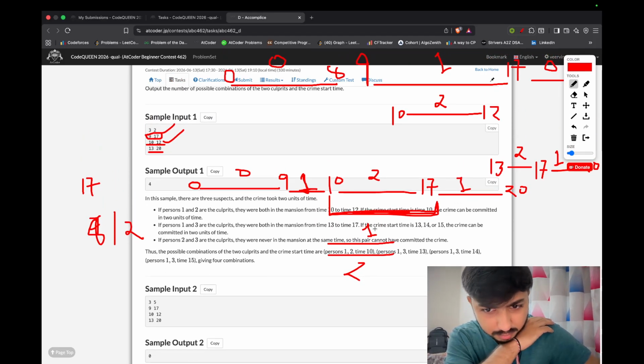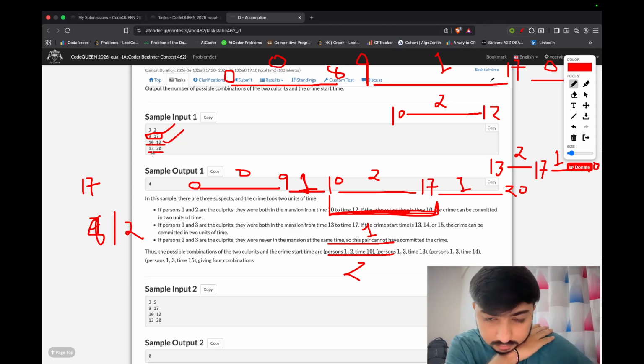I want to break the interval and say that the second interval is ending at 12 and the third interval is starting at 13.